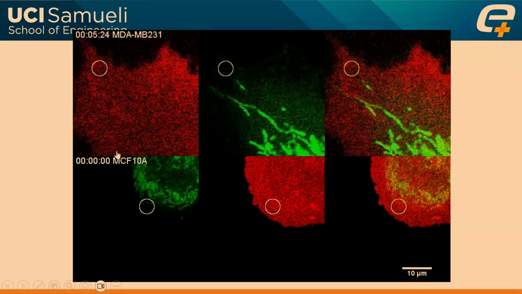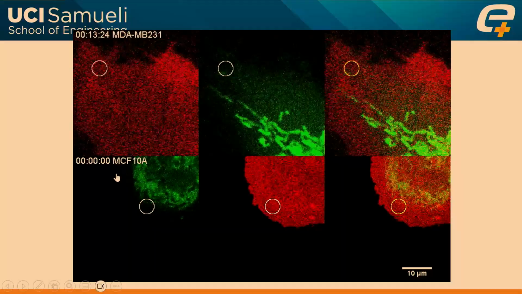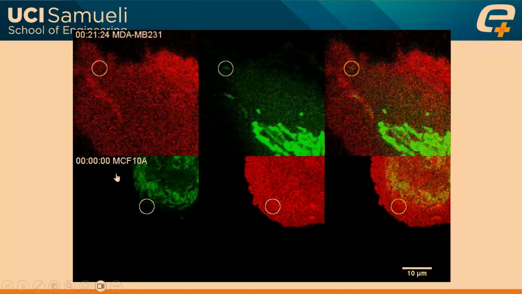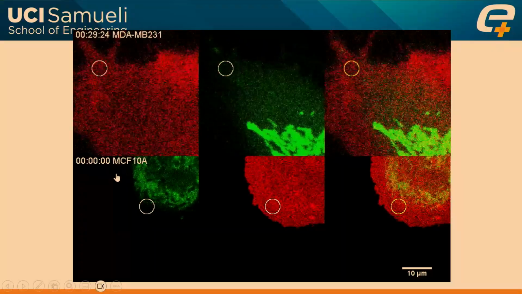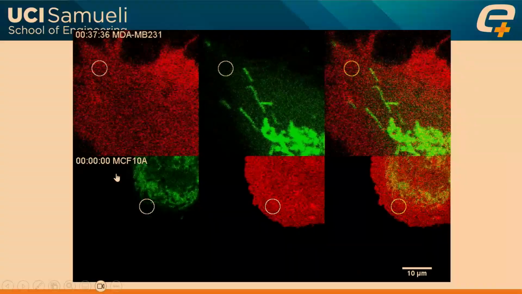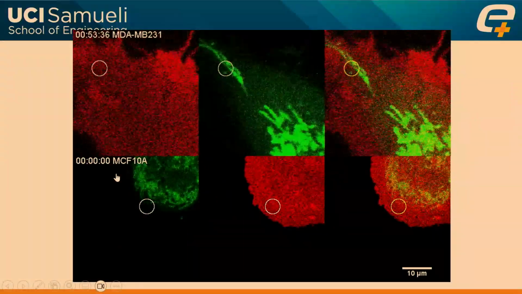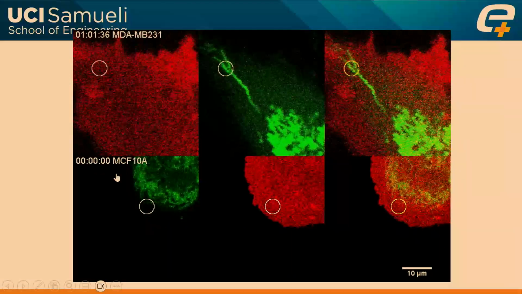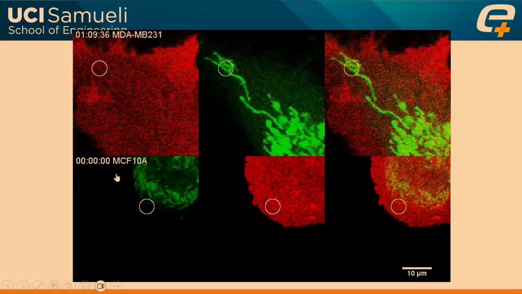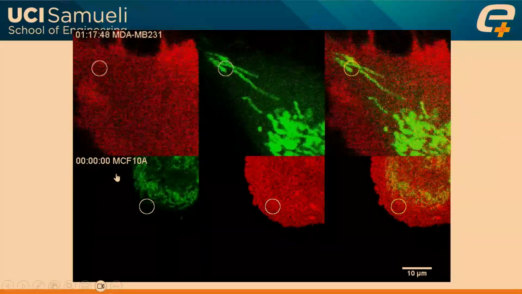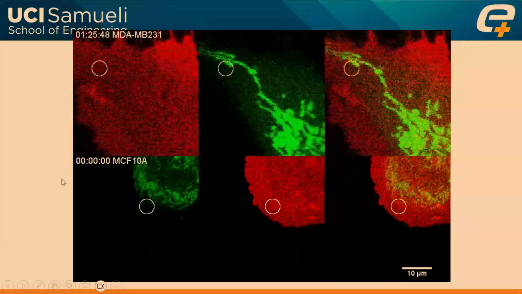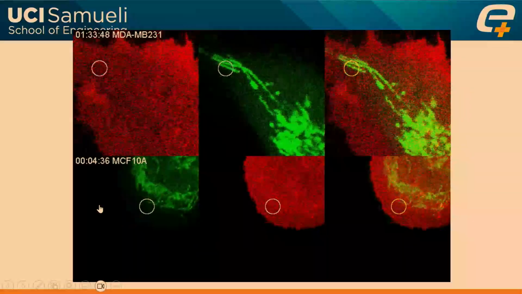So here is photoactivatable RAC, let's say directed motion of mitochondria. This is where we are photoactivating RAC, the protrusion increases, and we see the transport of mitochondria towards that leading side. This is in triple negative breast cancer cells.